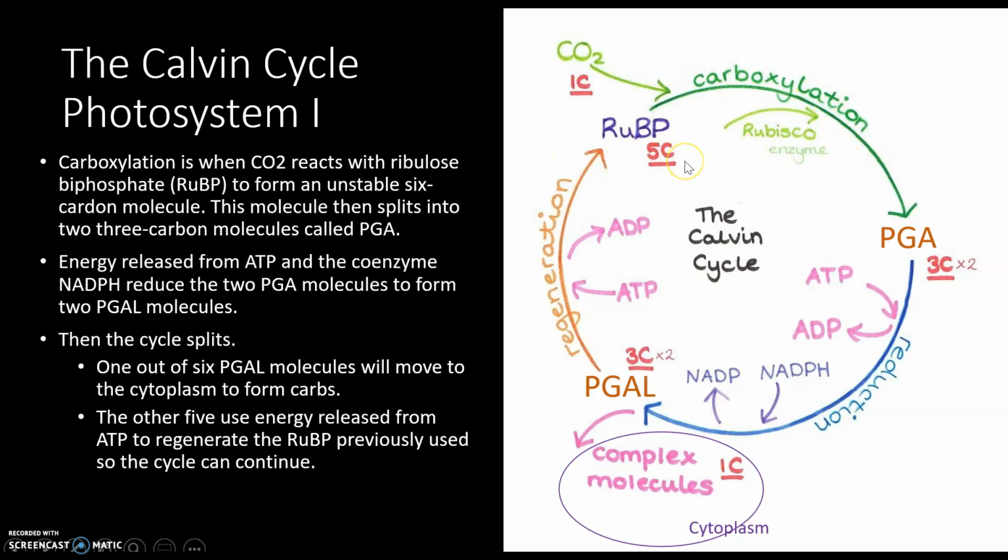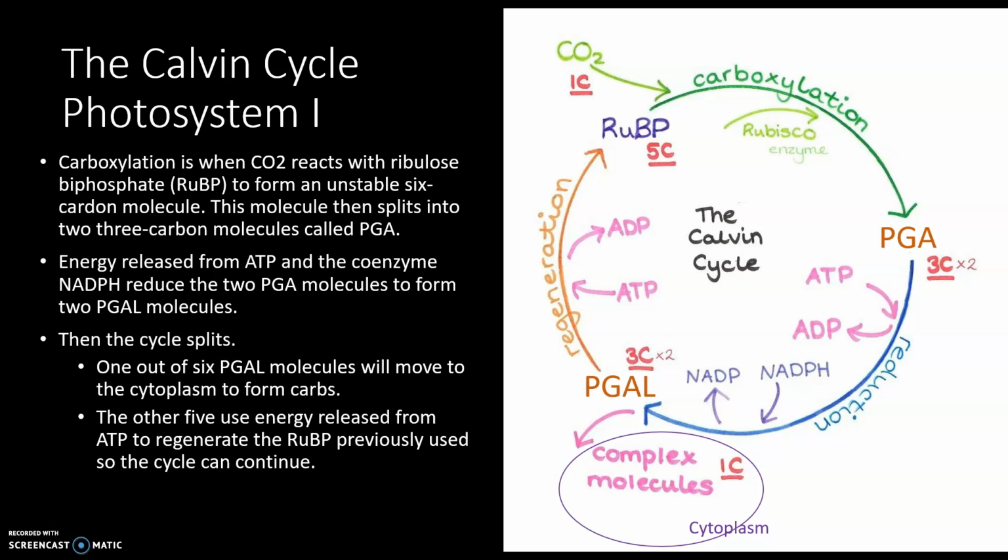Carboxylation is when you get carbon dioxide reacting with ribulose biphosphate, or RuBP, to form an unstable 6-carbon molecule. This 6-carbon molecule will not stay stuck together because it is unstable.